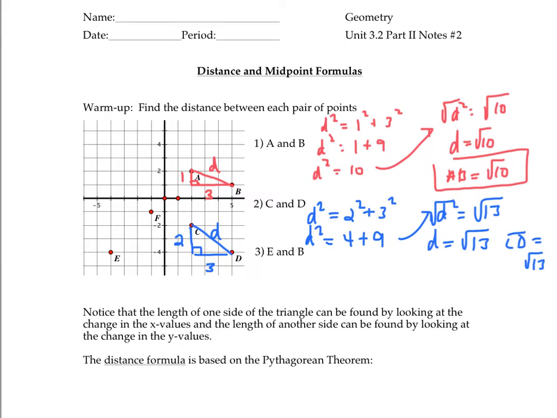Okay, next we are asked to find the length of the segment connecting points E and B. Let's see. We're going to draw a really big triangle in here. So I'm going to go all the way from E to B, and we are going to turn that into a right triangle by drawing in the vertical line segment and horizontal line segment.